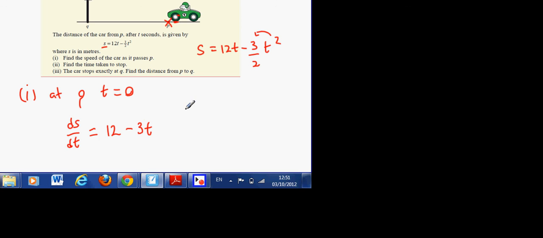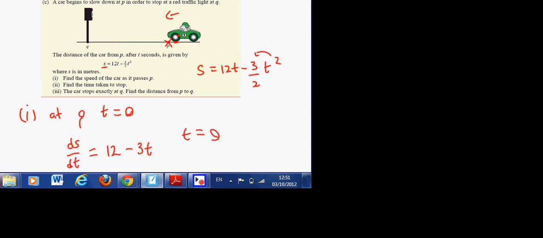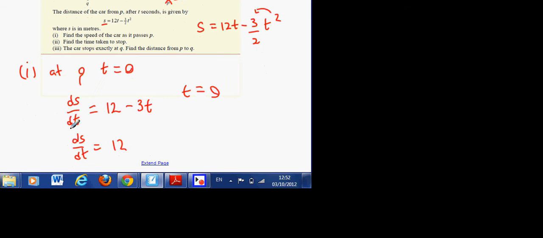You know that t equals 0, so this basically means that dS/dt equals 12. Let's figure out what our speed should be measured in. It says distance of the car from P after t seconds, in meters and seconds. So it's going to be meters per second.